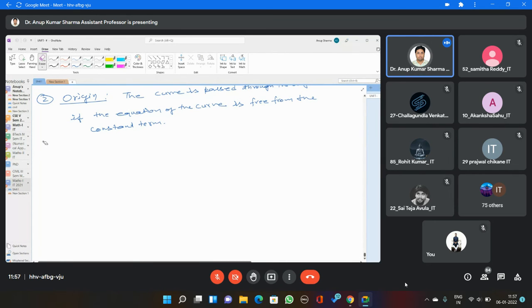We can write it as the third point: tangents at the origin. It is not strictly in this order. First you write symmetry, then origin, then tangents at the origin, or you can write in any way, no issue. First you write whether it passes through the origin or not, then you can find tangents. It is not necessary to follow one manner.